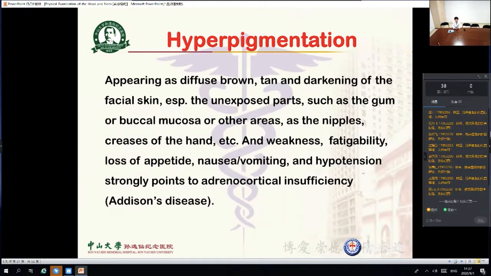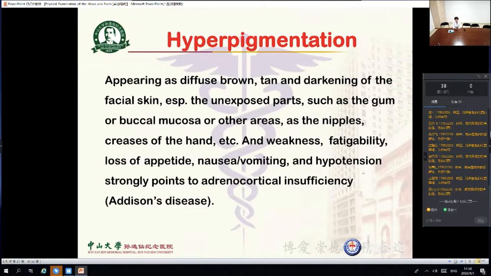And if a patient has hyperpigmentation all over, appearing as diffuse brown, tan, and darkening of the facial skin, especially the unexposed parts, such as the gum, the buccal mucosa, or other areas, as the nipples, creases of the hand, and etc. And the patient may have weakness, fatigue, loss of appetite, and sometimes will have nausea, vomiting, and hypotension.